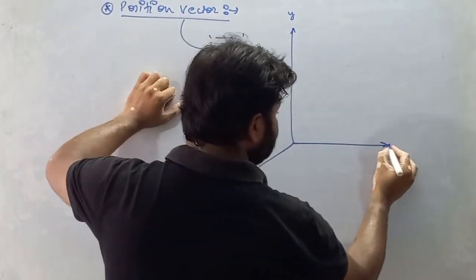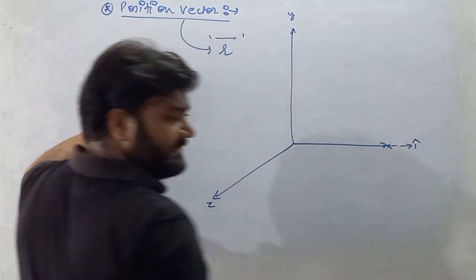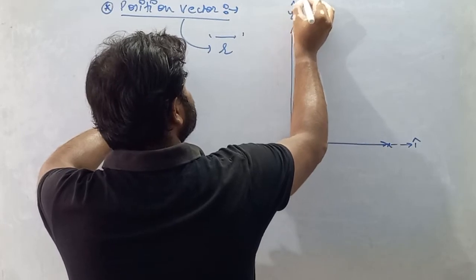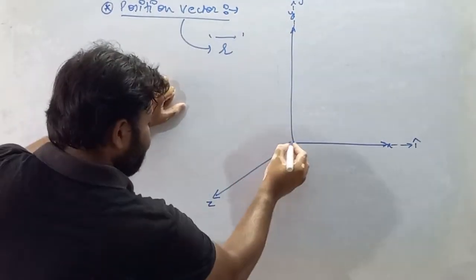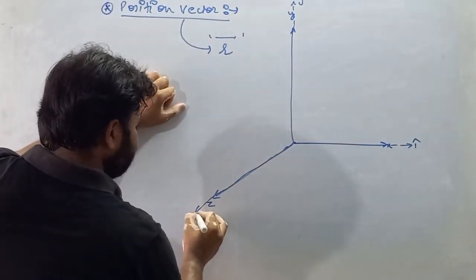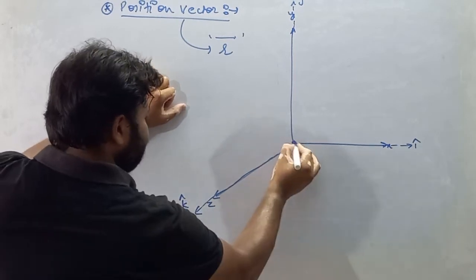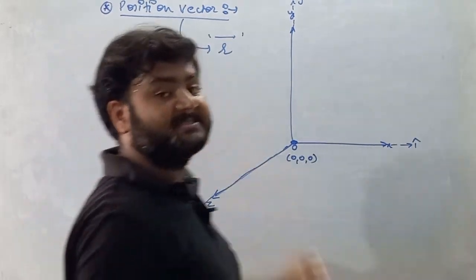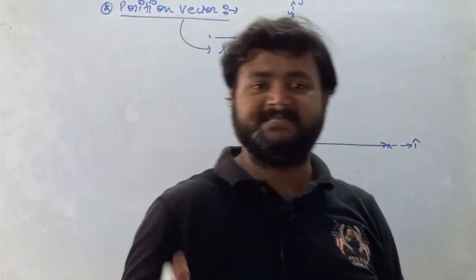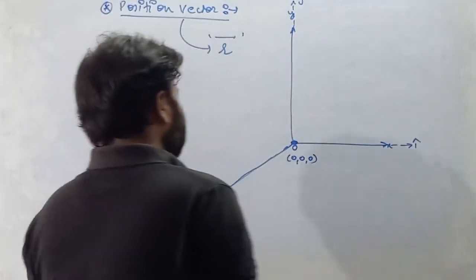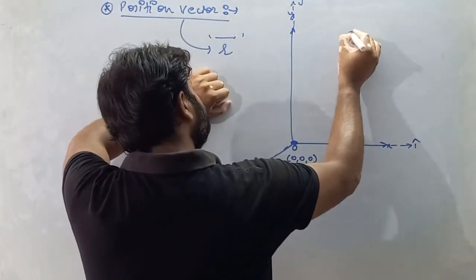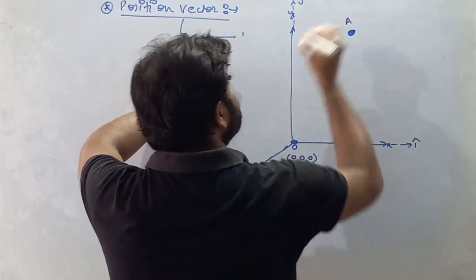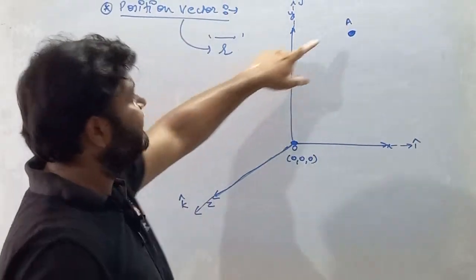Along the x-axis the unit vector is i cap, along the y-axis the unit vector is j cap, and similarly along the z-axis the unit vector is k cap. This point is called the origin, where each value is 0, so 0, 0, 0. Now let's suppose in this Cartesian system we have a point, say A.